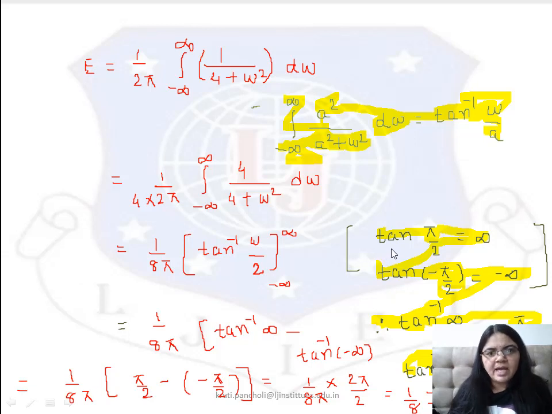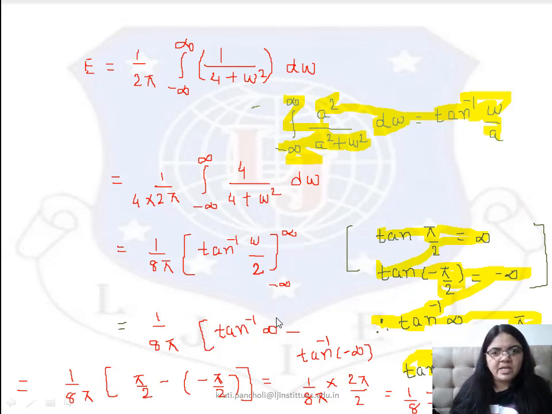Here we know that tan π/2 is infinity and tan −π/2 is minus infinity. So tan inverse infinity is π/2 and tan inverse minus infinity is −π/2.